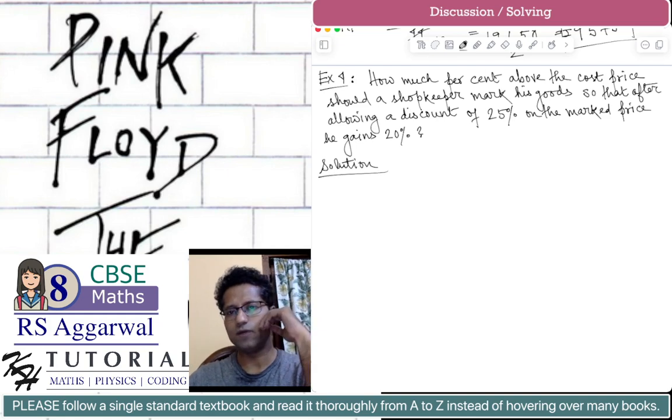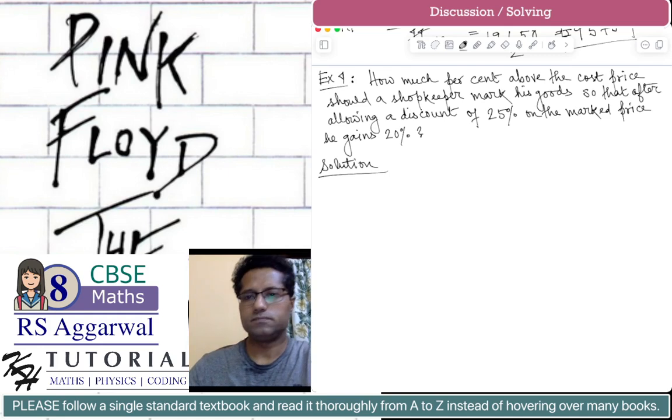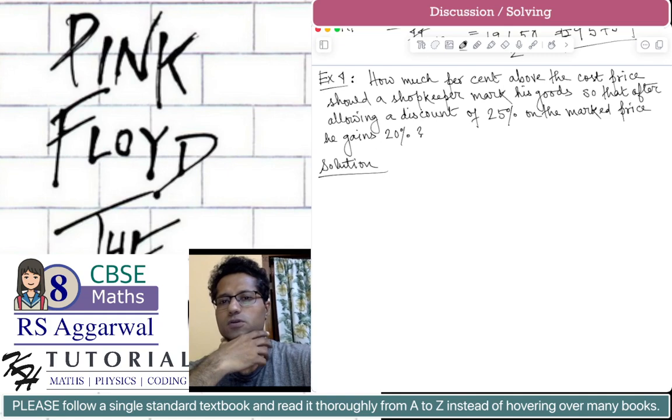We have to find how much percent above the cost price should a shopkeeper mark his goods. That is, we have to find the mark price, and from the mark price and the cost price we can tell how much percent the mark price is greater than the cost price.